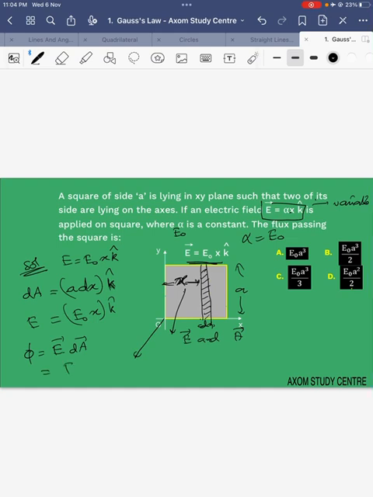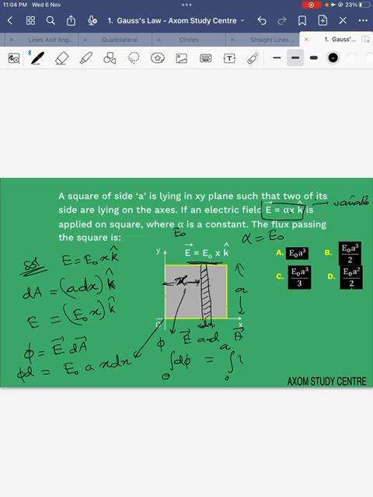Okay, so E naught a x dx, so you have to differentiate. d phi, you have to integrate from 0 to a.